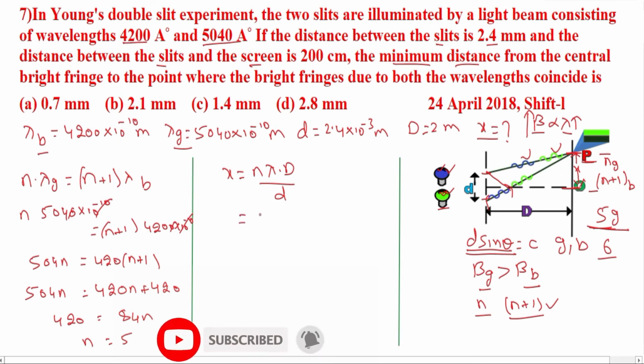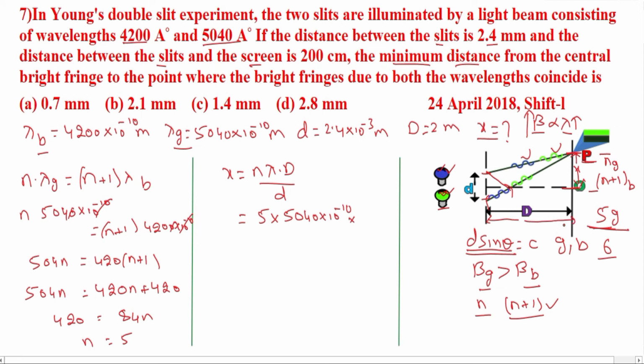So x equals 5 into lambda for green, that is 5040 into 10 power minus 10, into capital D, which is given as 2, divided by small d, the slit separation, 2.4 into 10 power minus 3. Then what will I get? 5040 into 10, since 5 twos are 10, into 10 power minus 10 by 2.4 into 10 power minus 3.